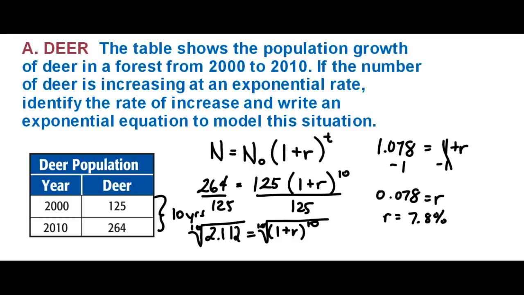So, the number of deer is given by our original number, 125, times 1 plus 0.078 to the t power. That way, we have a function that gives us the number of deer depending on the time we have.